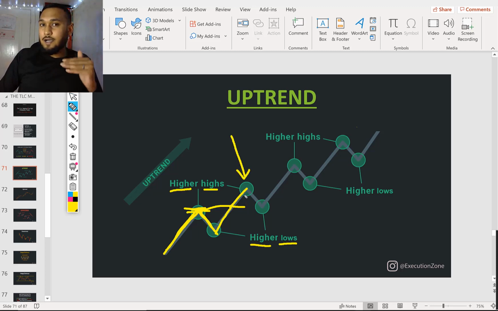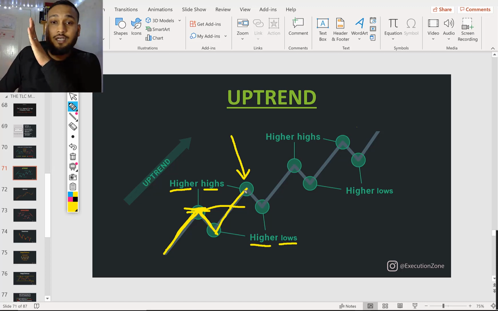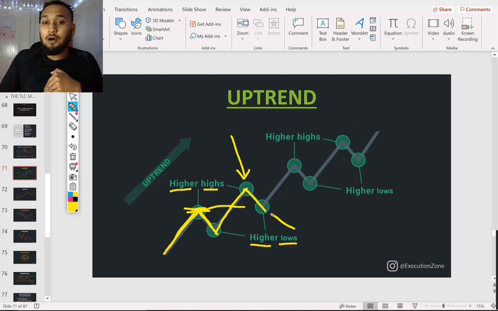Then again, price doesn't just shoot up exponentially, it oscillates and tends to retrace or pull back. As we do that, it comes down and creates a valley, a trough, right? This is known as a higher low, because this low is higher. This V-shaped valley is higher than the previous one, the previous higher low.